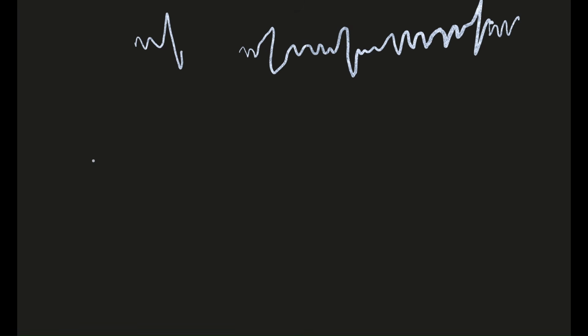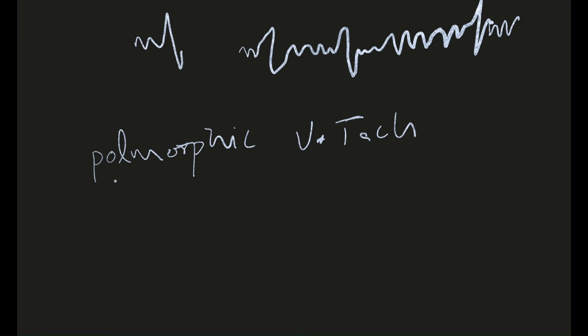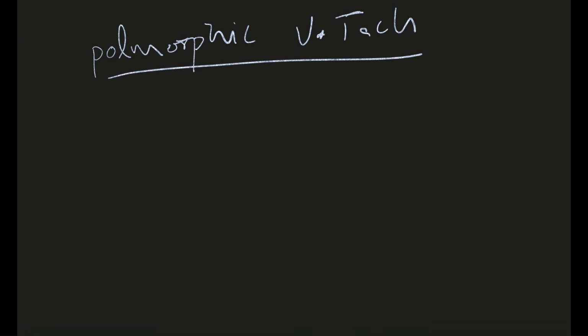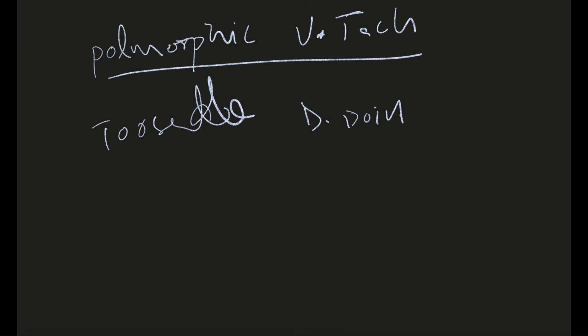There is another type of polymorphic VT, I thought that is a bonus point that I can tell you over here. You would have heard about torsade de pointes. Torsade de pointes, in which the ECG pattern becomes like this.